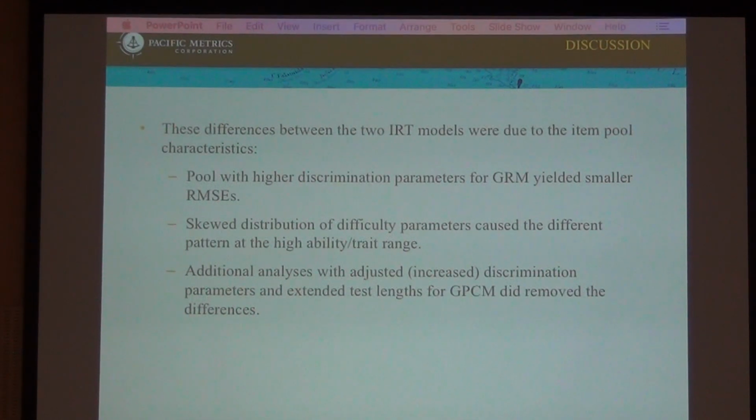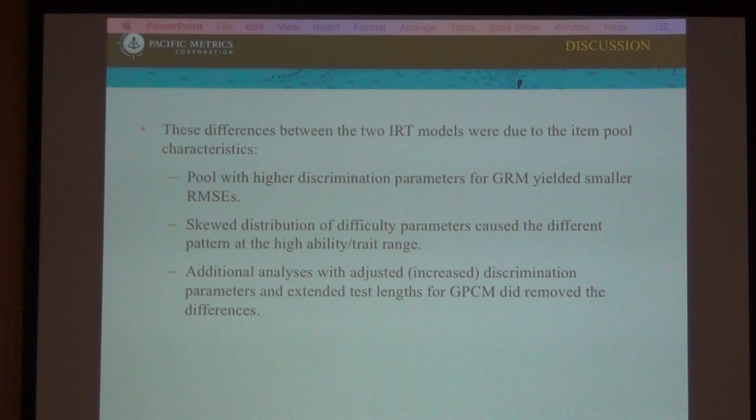It uses a smaller RMSE, and the skewed distribution of difficulty parameters caused the different pattern at the extreme theta points. And we did some further investigation. For example, manipulated the discrimination parameter for GPCM pool and extended the test length for GPCM pool. The difference will disappear.